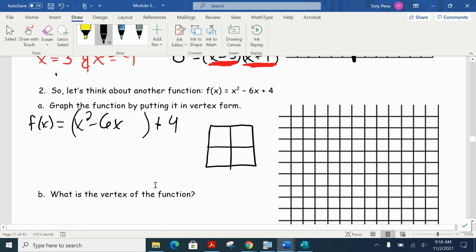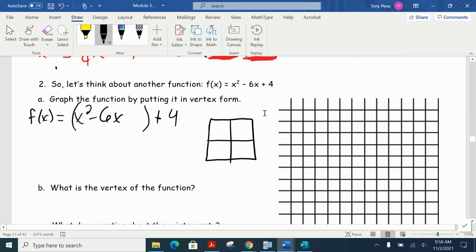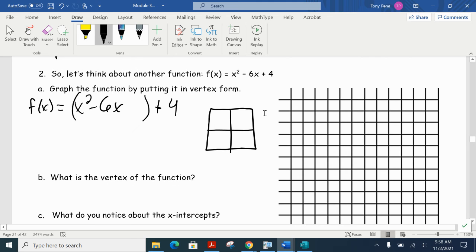All right, once you have it, go ahead and write the vertex. I wouldn't plot it yet, just in case maybe you made a little error. But then that should answer part B as well. Once it's in vertex form, you should be able to look at it and state our vertex.